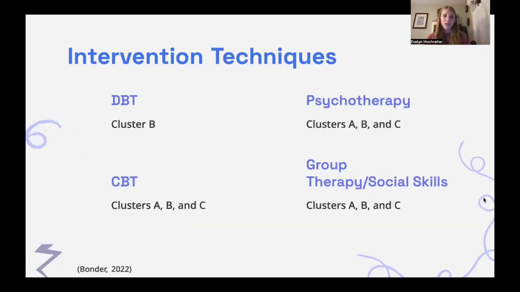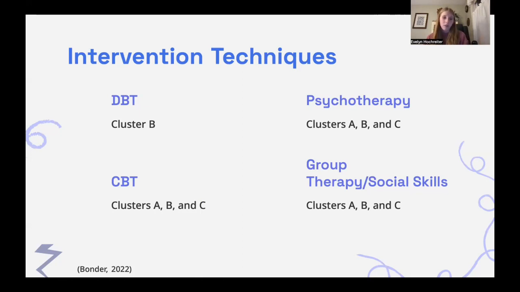So some intervention techniques that we can use to help people diagnosed with personality disorders are dialectical behavioral therapy. This really helps with cluster B, especially borderline personality disorder, because of their suicidal ideation and suicidal tendencies.